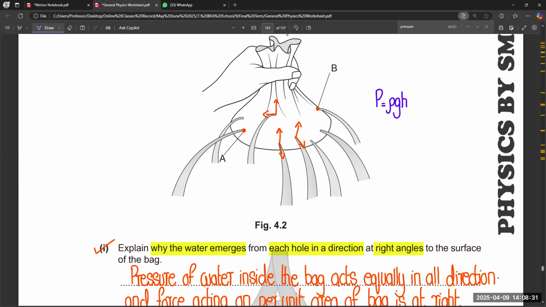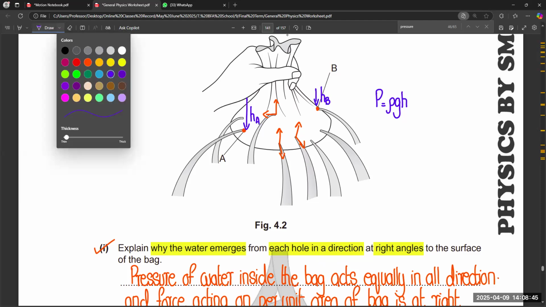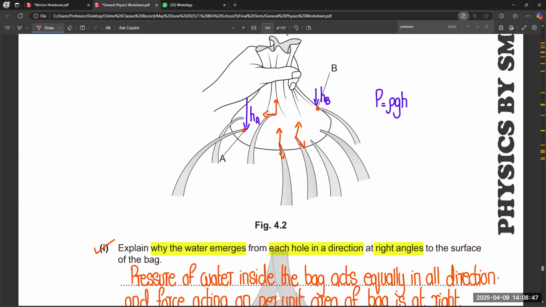And according to the formula of liquid, the depth of point A is greater as compared to B. So hole A is at greater depth. So that's why it exerts greater pressure of liquid at point A as compared to point B.